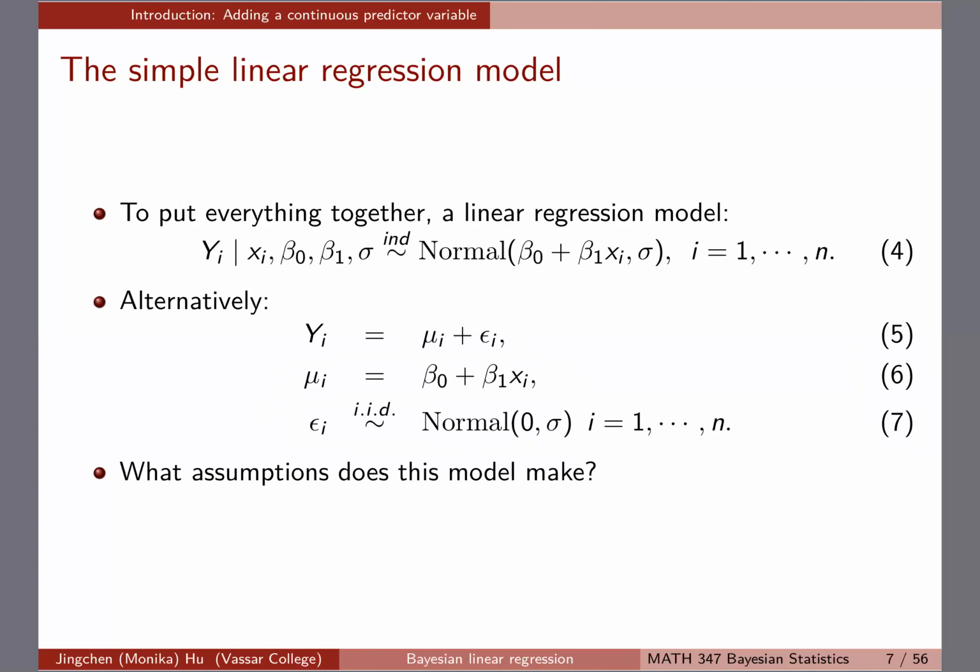But what if you have like 1, 2, 3, 4, 5, which has an order, or maybe marital status, which has different levels but no order among them, just different types? Then you should use another type of modeling approach. So the normal model in this case is really just for a continuous outcome.